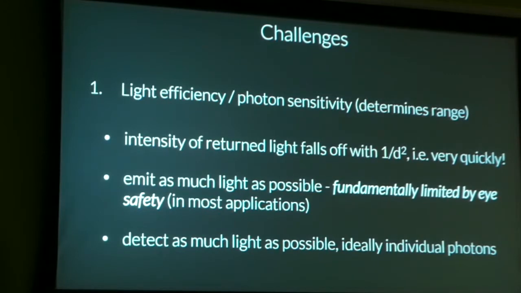And so you would think that a quick fix for this would be to just turn up the laser power, but the fundamental limit is how much power you can emit safely, so that if the laser beam were to come across someone's eye, you wouldn't blind them. In other words, this has to be eye safe. And then you could also think about optimizing the other side at the detector, so that your detector is sensitive enough to capture every single photon, ideally, and then you'd have as much signal as possible.